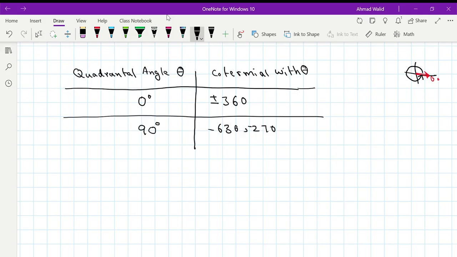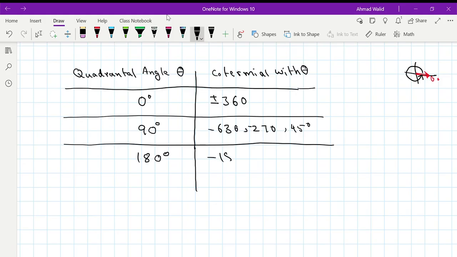And also 450 can be coterminal to 90 degree, correct? Not quadrantal, coterminal. What is the next quadrantal angle theta? After 90, the next one is 180.